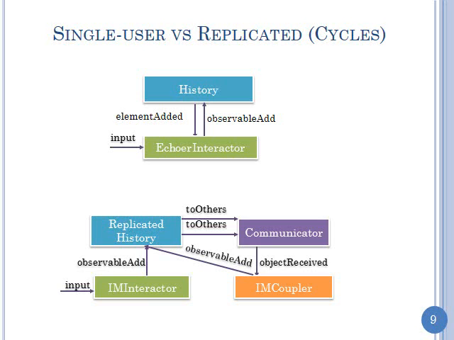We created a communicator object in the last slide deck, and we're just invoking the two others call there. So it doesn't matter whether it's called communicator or anything else. From this algorithm's point of view, we have to do a two others call on some object. It has to go across the network. I'm just making it concrete by saying that in group messages, that object happens to be called the communicator. And we can't change that. That's provided to us. So what we can change is the replicated history.